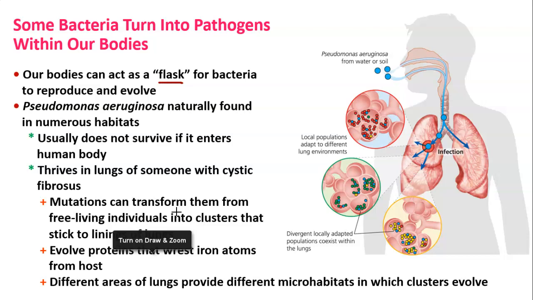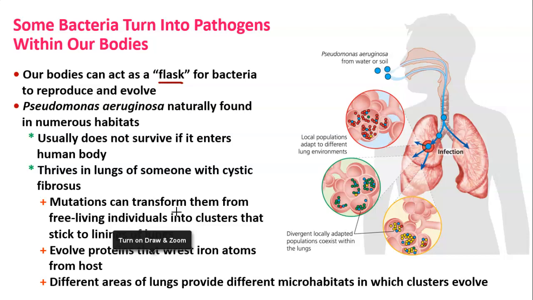So that's one particular aspect of their evolution that enables them to survive and reproduce in our lungs. And different areas of the lungs provide different microhabitats in which these clusters of bacteria can evolve. Different populations, if you will, are evolving in different directions in different parts of the lungs.